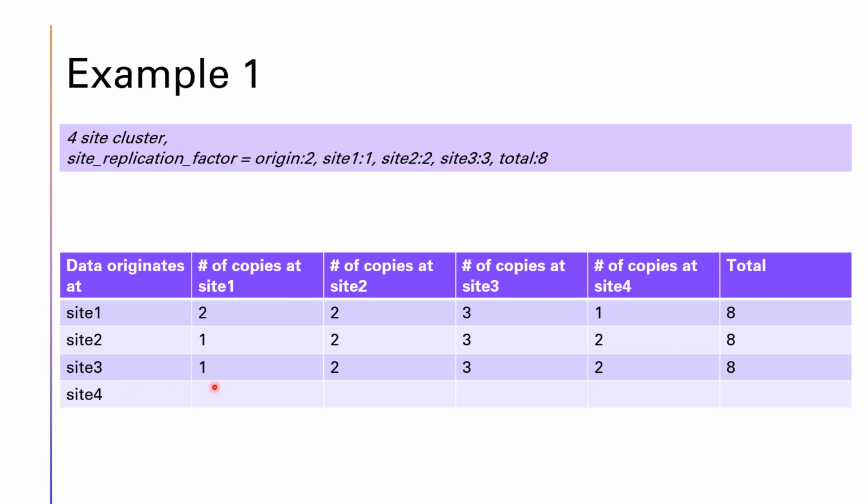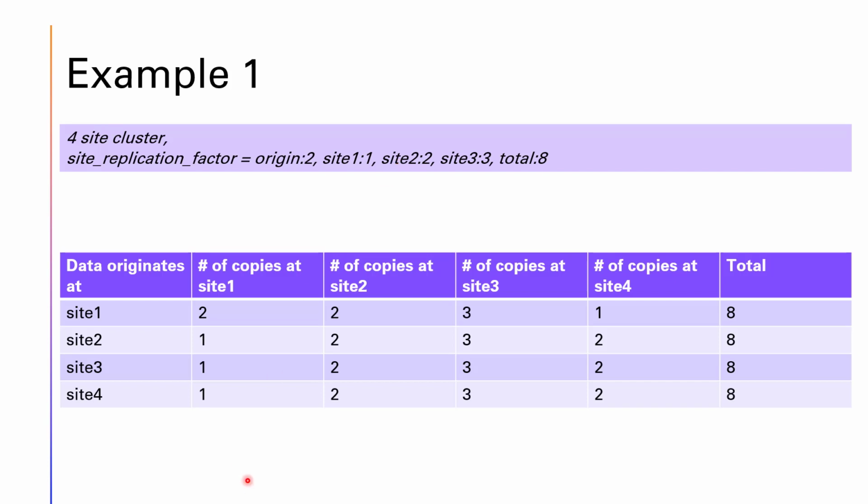Now if site 4 is the originating site, let's see what is happening. For origin we said it needs to maintain 2 copies, that means site 4 will directly get 2 copies of the data. Now site 1 will get 1 according to this config, site 2 will get 2, and site 3 will get 3. So that becomes 8.